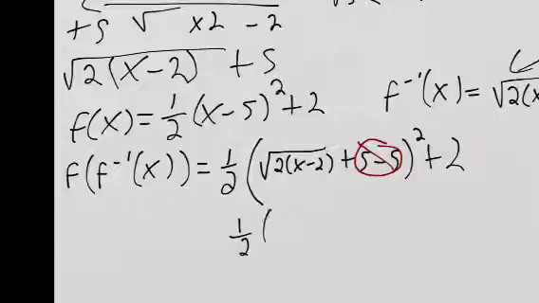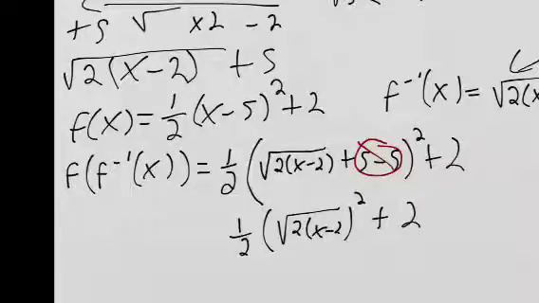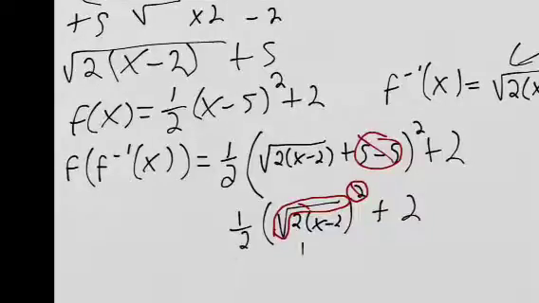That leaves us with 1/2 times the square root of 2 times x minus 2, squared, plus 2. The next thing that cancels is we have a square and a square root sign. If you square a square root, those cancel. So now we are left with 1/2 times 2 times x minus 2, plus 2.